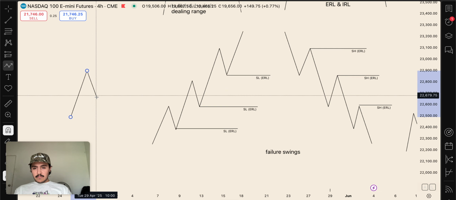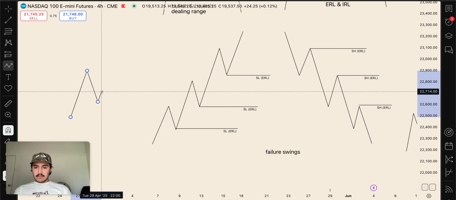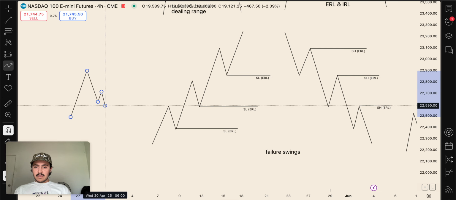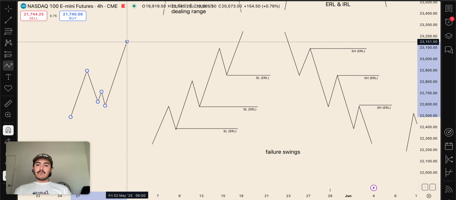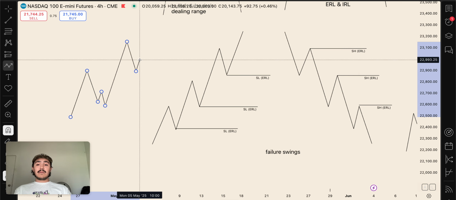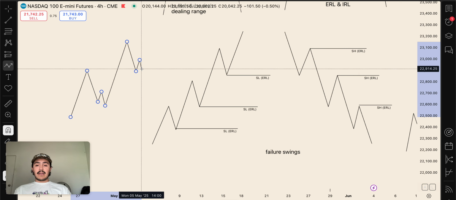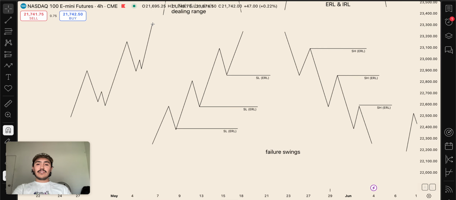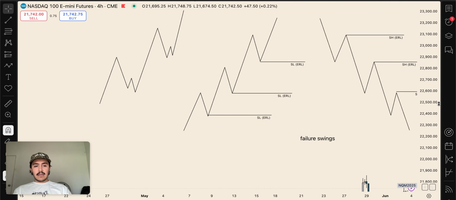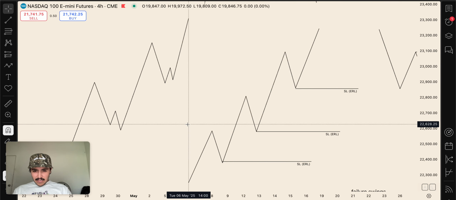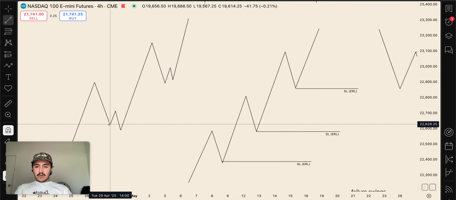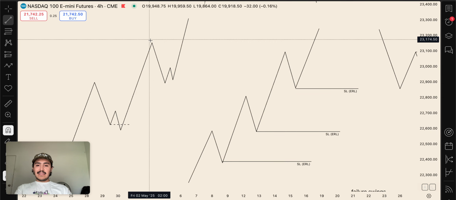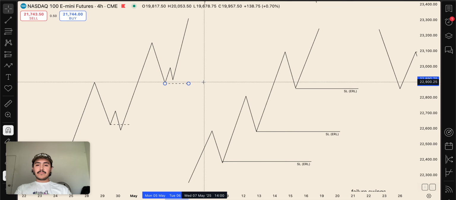The price goes up, comes back down, makes a low, gets swept, and then we see the next move. But sometimes price is going to make something like that, a failure swing low, and it's not a complete sweep. See what I mean? See how in that move there, price swept, but in this move, price didn't.